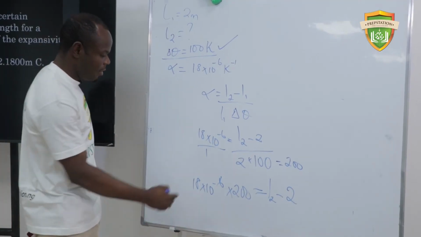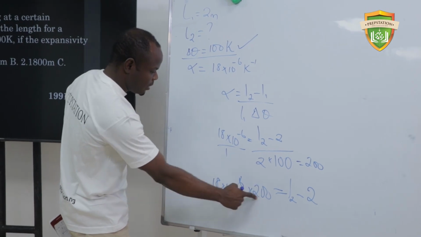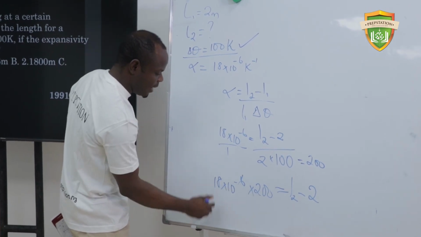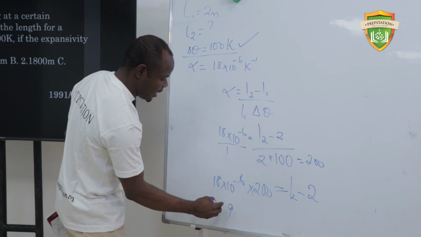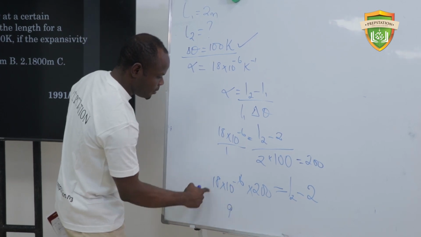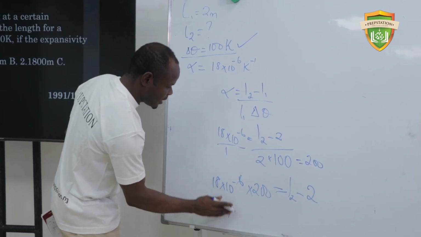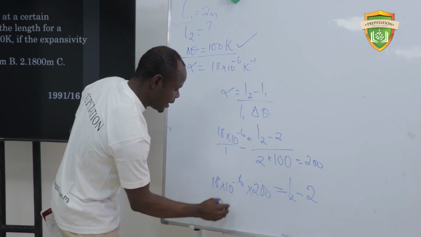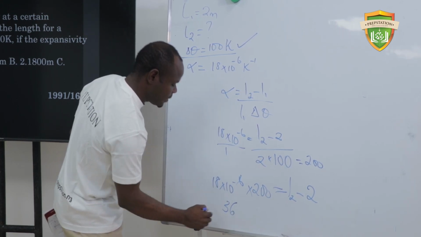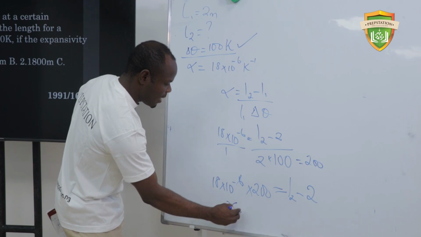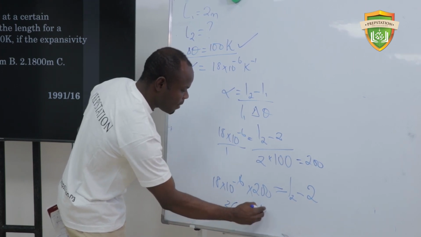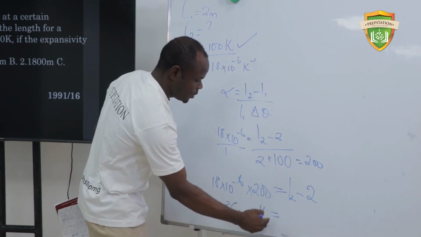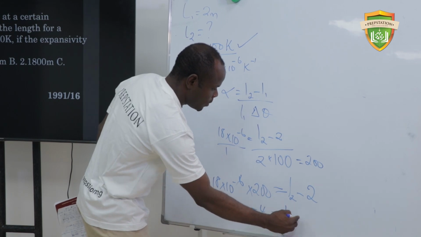So multiply this with this. 2 times 18, I have 36. Then we have 10 raised to the power of -4, which is equal to L2 minus 2.